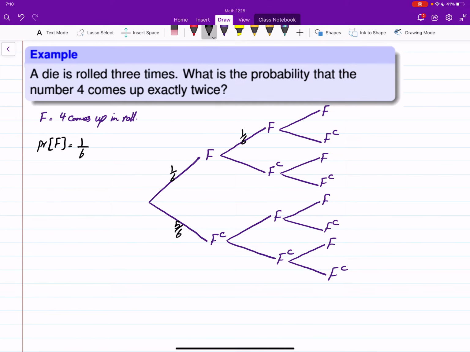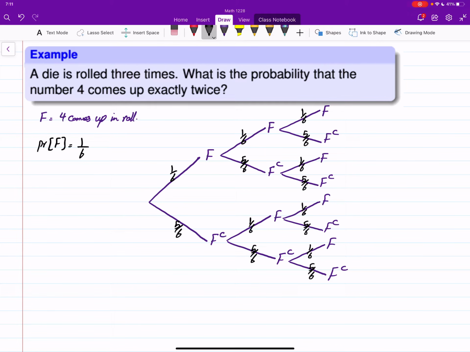And we will have the same story for all of these. Remember that since rolling a die the first time doesn't change the probability of outcomes in the second roll, I won't need to be worried about the probability at each level. All of them will give me the same probabilities.